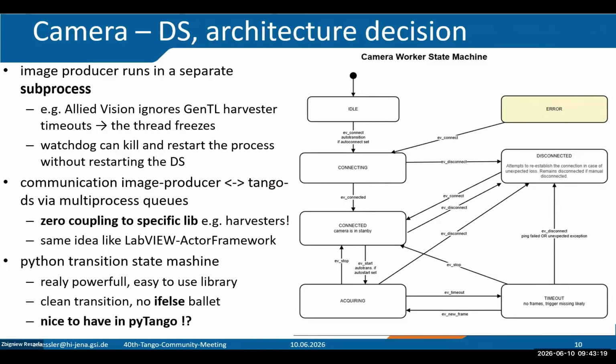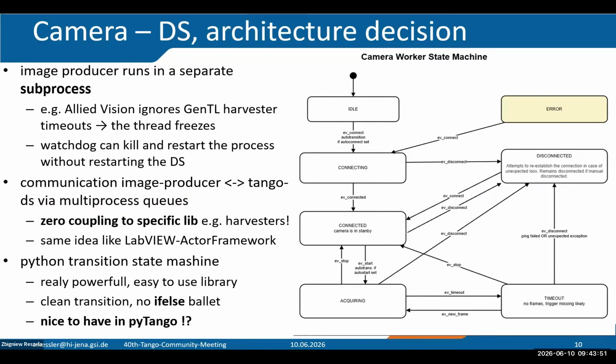Because of this, the communication with the Tango device server is done with multiprocess queues, and this has really nice side effects. We have zero coupling to the specific implementation, because we communicate via a message pattern, and the messages follow a command pattern: the camera start, stop, set something, attributes.